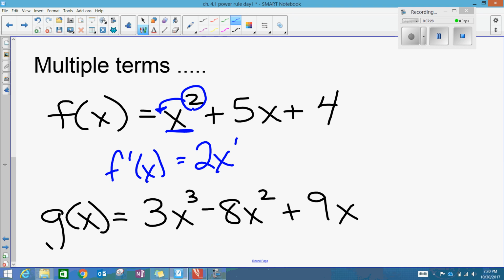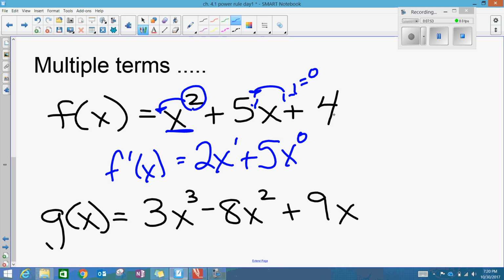Now this next term is a little bit strange because that's really 5x to the 1, right? So if you brought the 1 down in front and multiplied it, you just get 5, which is fine. And then you subtract 1 from 1, you're going to get 0, and that's okay. So we get 5x to the 0.